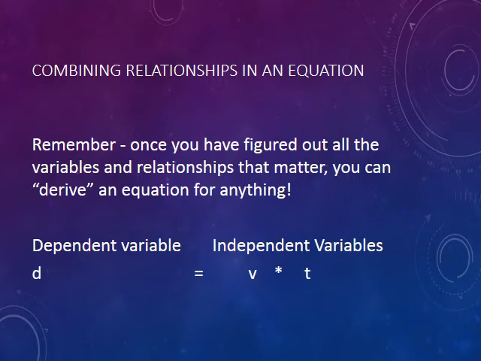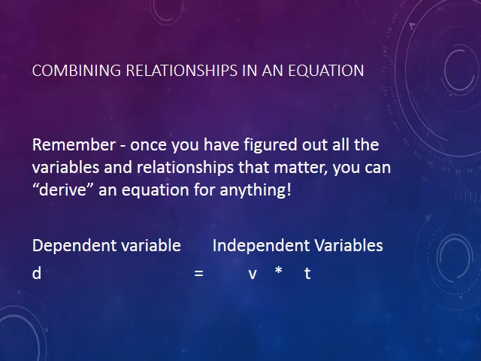So this makes sense because as we double velocity, we're going to end up doubling what comes out on the distance side. Also, if we decide to triple the time that we're traveling for, that's going to triple the distance that we cover.